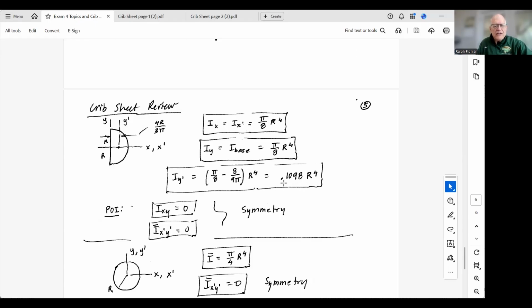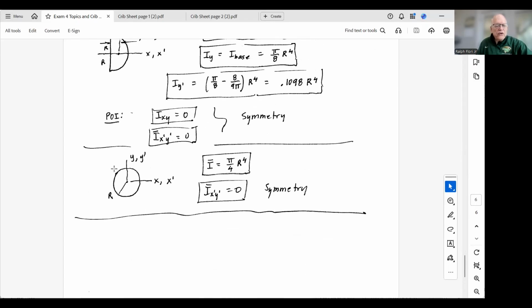But I typically just list it as 0.1098 r to the fourth, so you don't have to do this math on the fly. And that's the I about the centroidal y prime axis. He gives the product of inertia Ixy as 0, and I bar of x prime y prime is also 0. Both of these are due to symmetry, because it's symmetric around the x or the x prime axis. And so these are both 0 for a half circle.